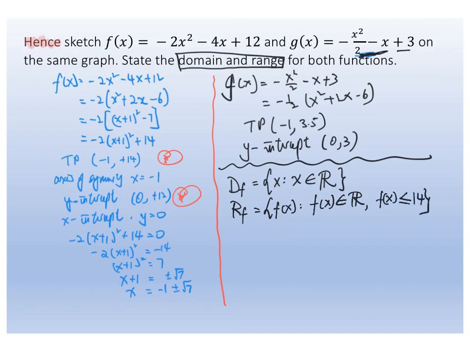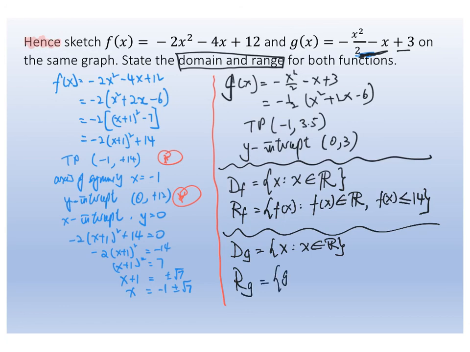All right, so for g(x), the domain of g is x such that again x is an element of the real numbers, and the range of g is g(x) an element of the real numbers, and then this time g(x) is less than or equal to 3.5. All right, that's all you need to write.